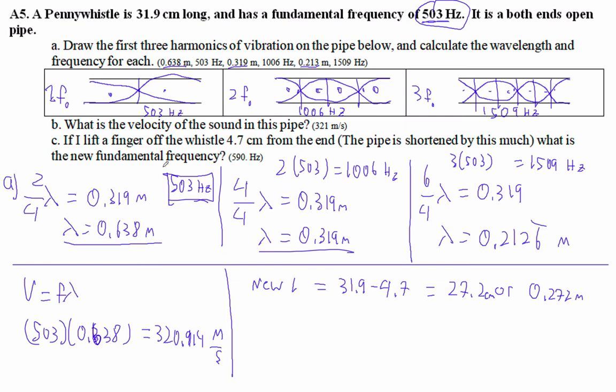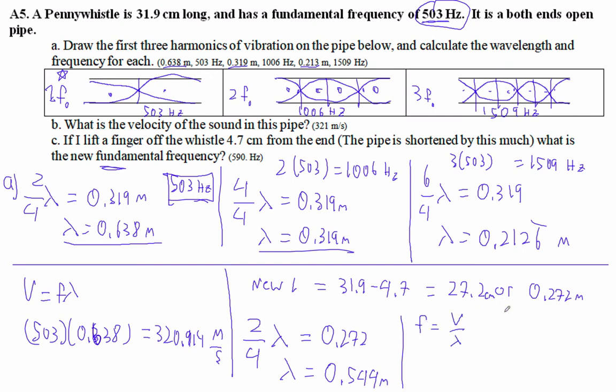So now we just set it up. We want to know the new fundamental frequency. This guy's the fundamental. So 2 quarter wavelengths is equal to 0.272, so the wavelength is 0.544. Now, what is our frequency? Our frequency is going to be velocity over wavelength.